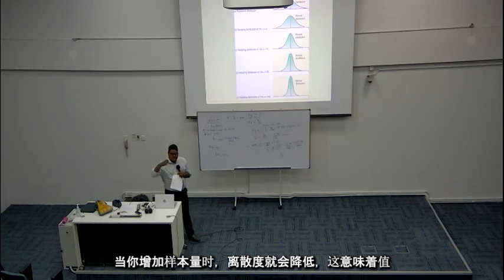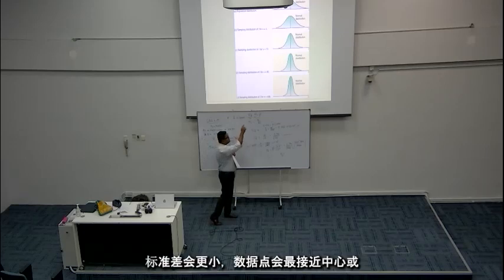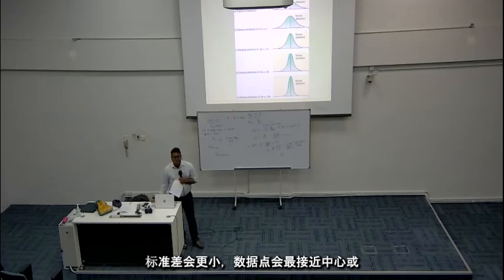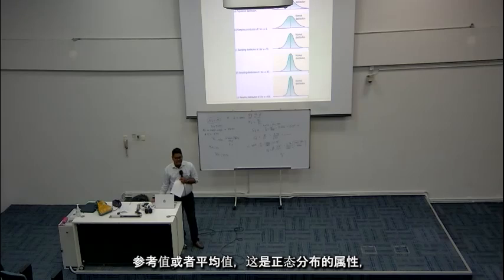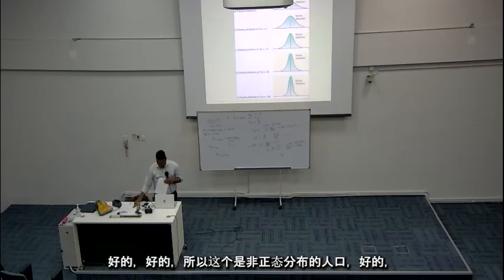When you increase the sample size, there will be less dispersion, which means the standard deviation will be smaller and the data points will be nearer to the center, the reference value or the mean. This is the property of the normally distributed distribution.